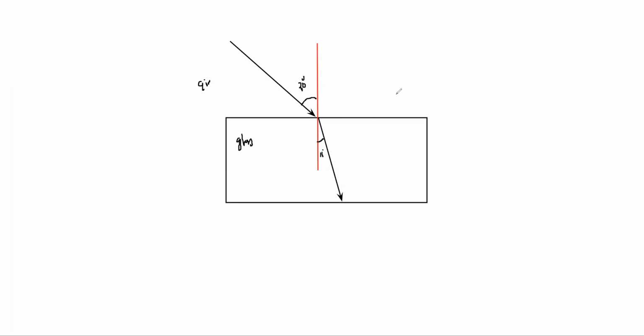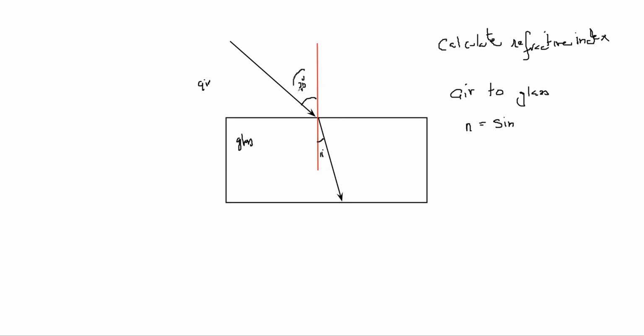Now the question is calculate the refractive index. Refractive index means the ability of the medium to bend light. So if you want to calculate the refractive index, the tendency of a material to bend light, the formula when it is moving from air to glass: refractive index N is equal to sine angle I. What is angle I here?